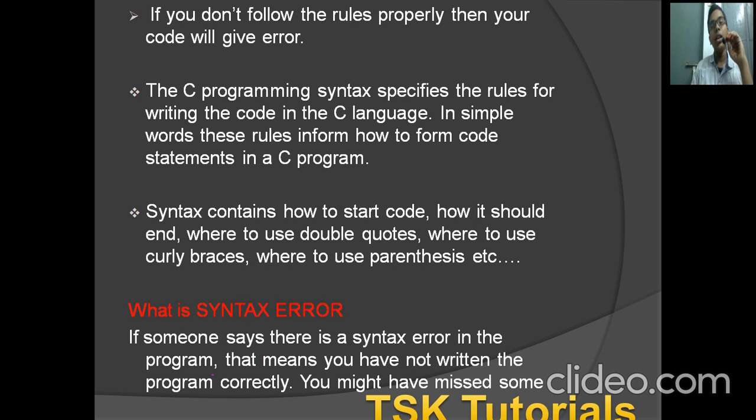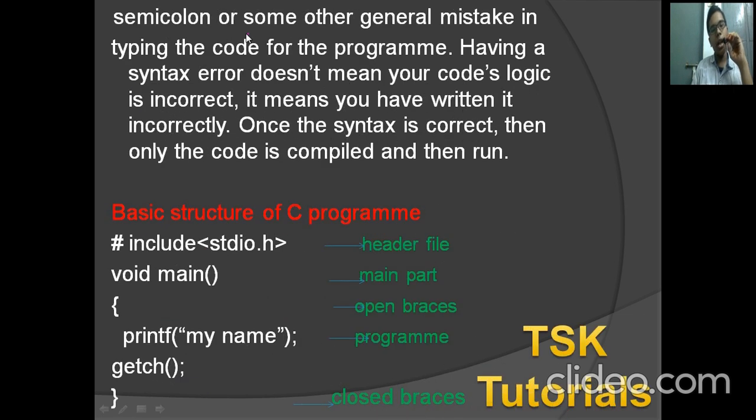It's saying that you have written the code incorrectly. That means you have not written the program correctly. You might have missed some semicolon or made some other general mistake in typing the code for the program.